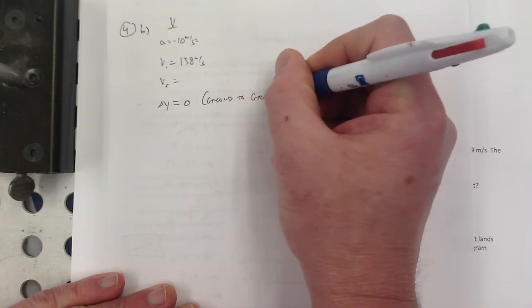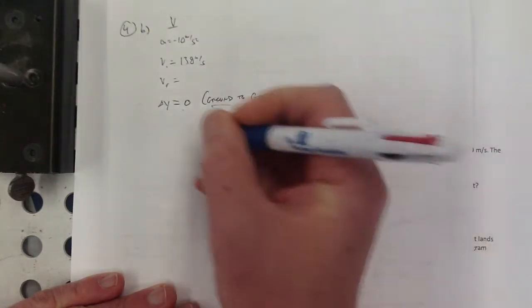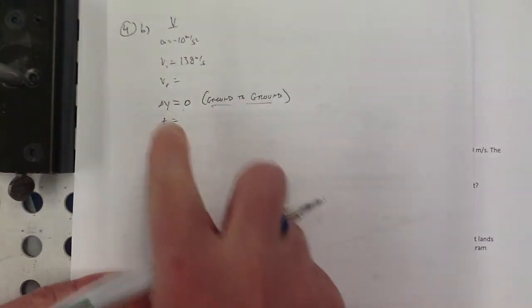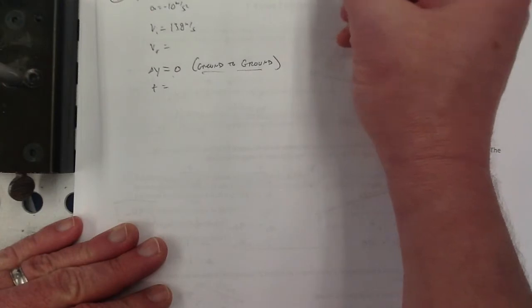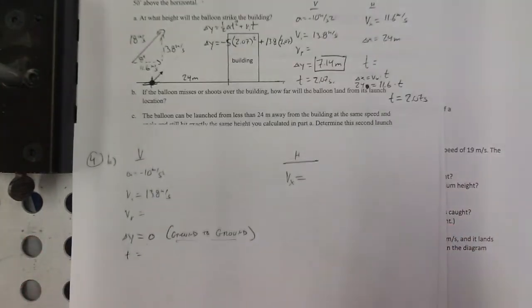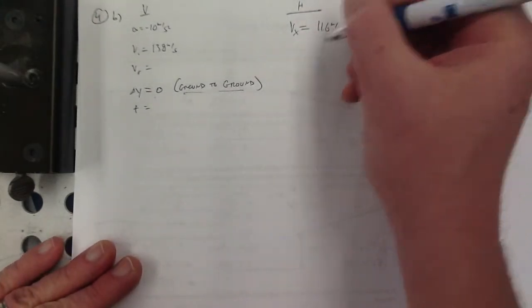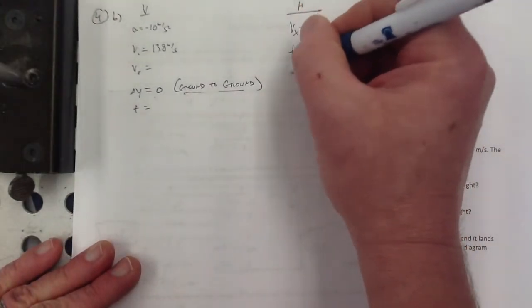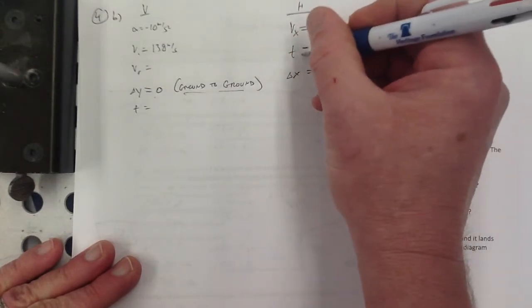That is important that you understand when that's going to be equal to 0. And I got to find a new time here and then bring that over to the horizontal side where the horizontal velocity is still 11.6. And I'll have a new time and I can find the delta x. Sorry, I switched the order of those, but it doesn't matter.